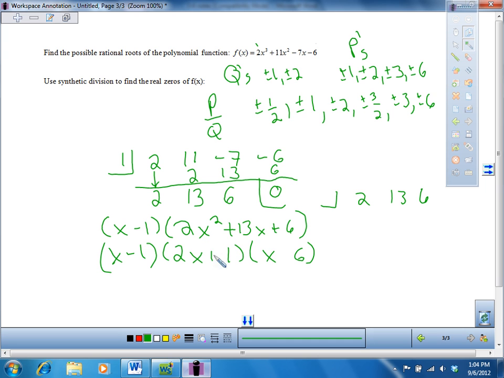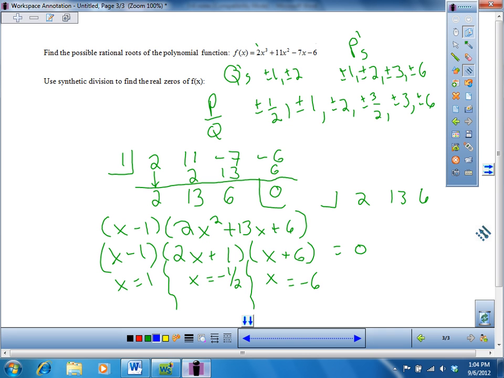So now, what this tells you is that if I set this equal to 0, the roots, which are also where my graph touches the x-axis, are x equals 1, x equals what? Negative 1/2, because I set that equal to 0, and x equals negative 6, which if you look up here, there's my negative 6, right? There's my negative 1/2. So those are all possible rational roots.